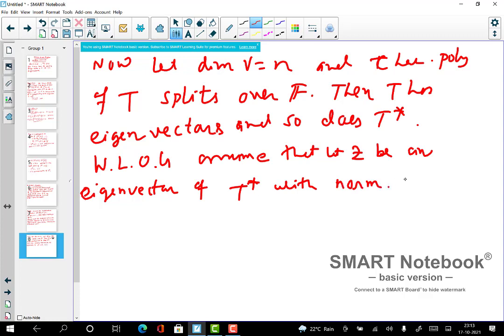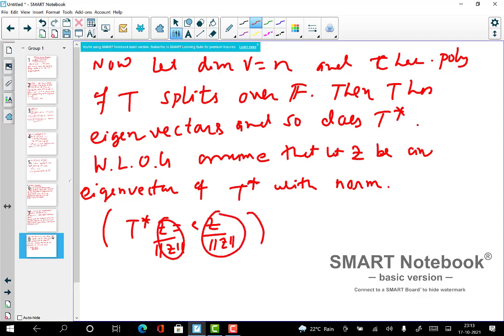Okay, so it is possible, because if not, then what you can do is, say T star of z equal to something, say cz, then you can divide it by the norm, right, on both sides. Now see, the new vector has norm 1, right? So you can always do it.